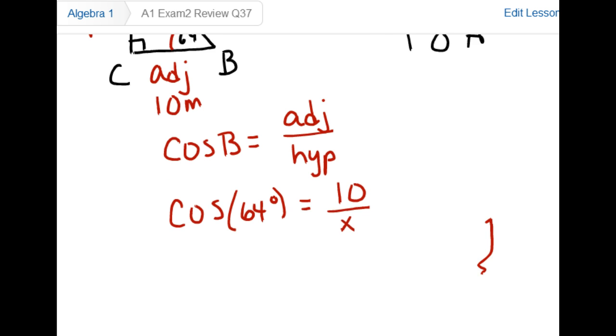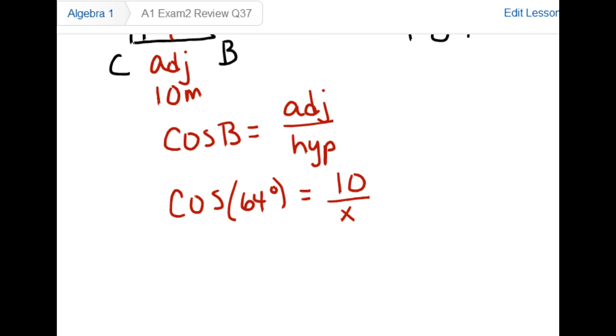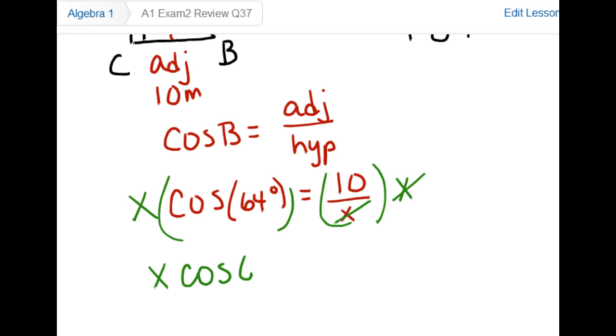Now we need to solve for x. So we'll multiply both sides by x. That lets these two x's cancel, and we have x times cosine 64 degrees equals 10.